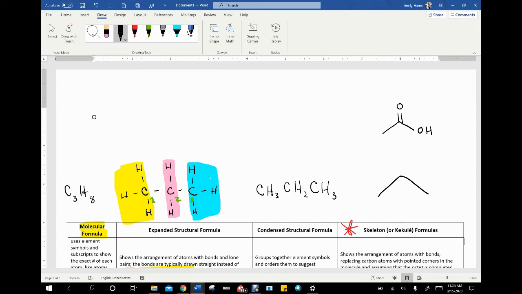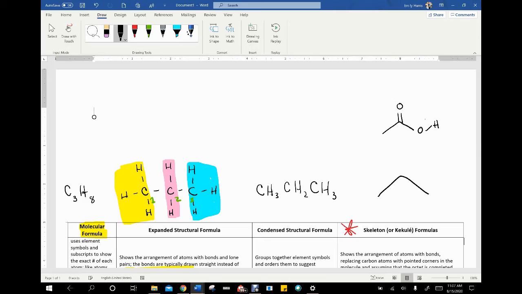So here is the Kekulé structure for acetic acid, and sometimes instead of the OH being together, you may see the H drawn separately as a bond. So either one is fine, either left as OH or showing that the H is connected to the oxygen.